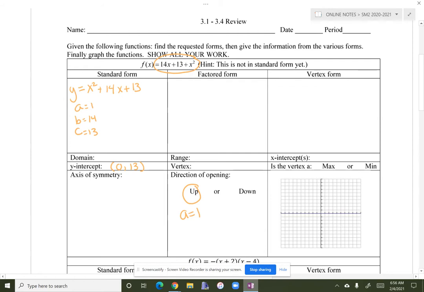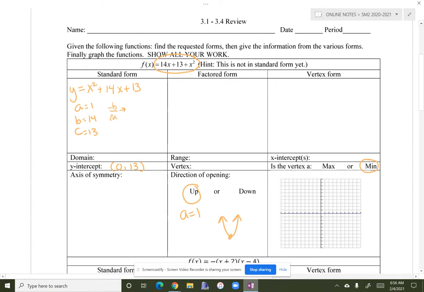Okay, I also know that the direction of opening is up because a equals 1. Okay, if it opens up like this, then I know that my vertex is going to be a minimum. Okay, and so now I'm going to find my vertex by doing negative b over 2a.